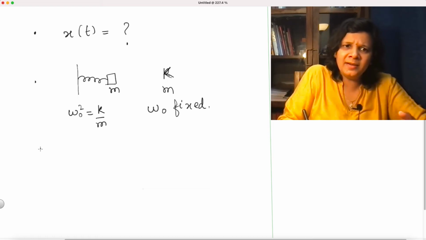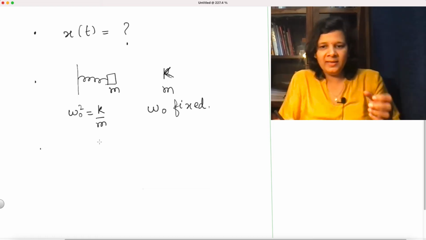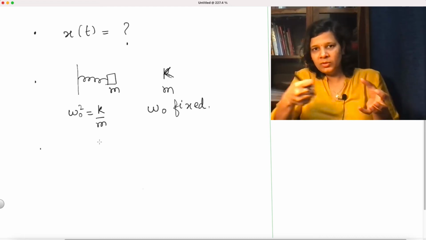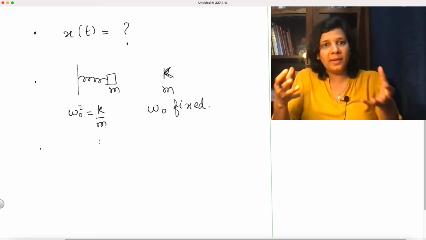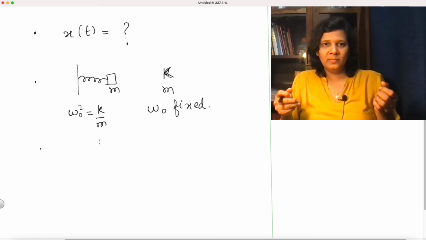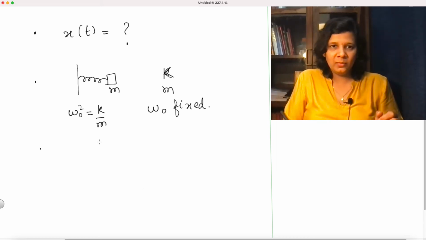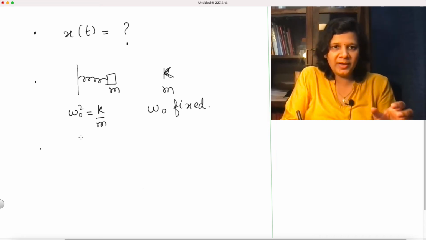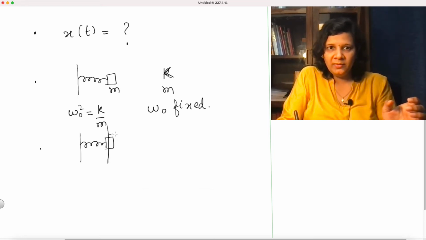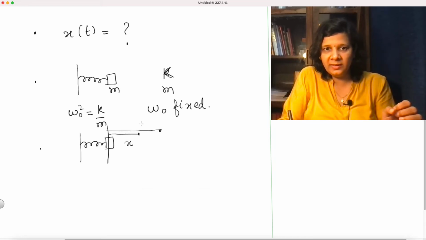Now, what else is there in my hand? You take this system and I pull the mass through some displacement. It is in my hand whether I pull here, here or more. For example, from the unstretched mean position, whether I pull till here or till here, this is x1, x2.